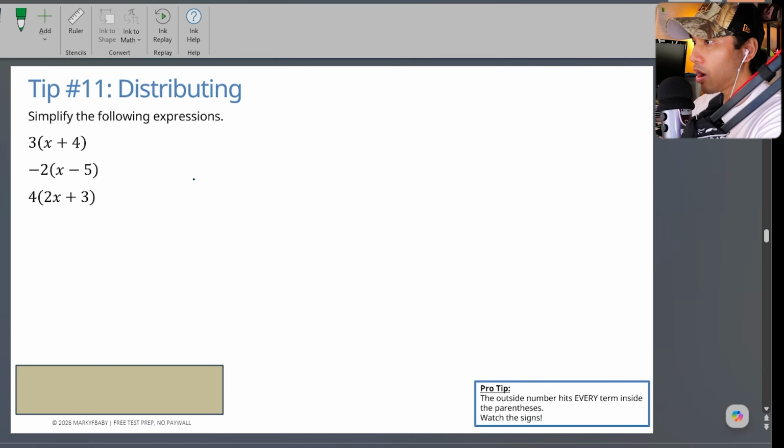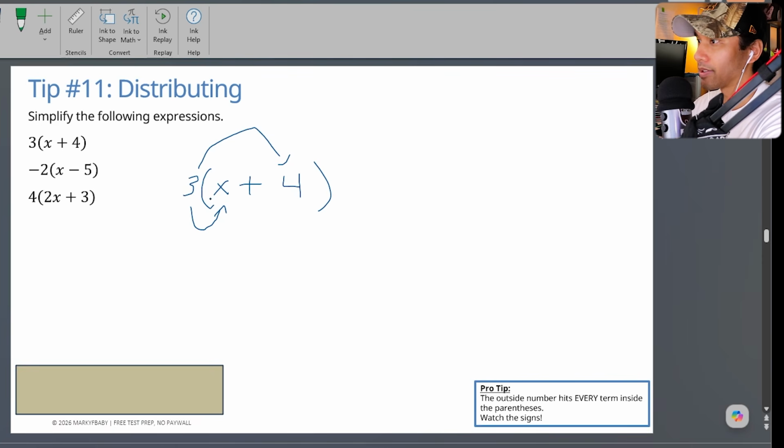Okay. So all we're doing here, 3 and then x plus 4 in parentheses, all we're doing here is getting the 3, which is a coefficient. And we're going to multiply this by the x and then multiply this by the 4. That's all we're doing. So this becomes 3 times x, right?